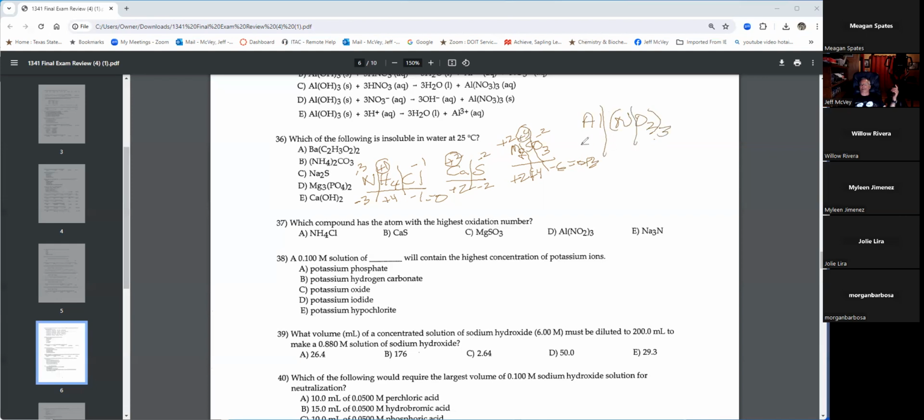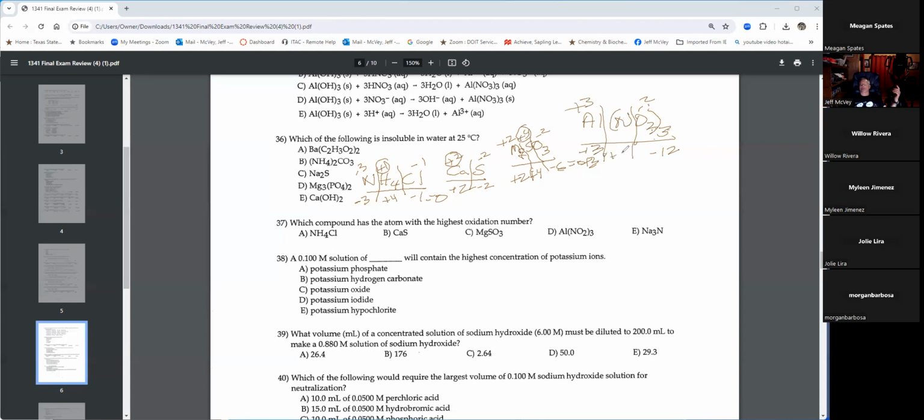Split them up. Aluminum still +3. It doesn't care. Okay. Oxygen is still -2. It doesn't care either. 3 times 2 is 6. 6 times a -2 is -12. So my total charge over here on nitrogen is what? What's my charge got to be over here?